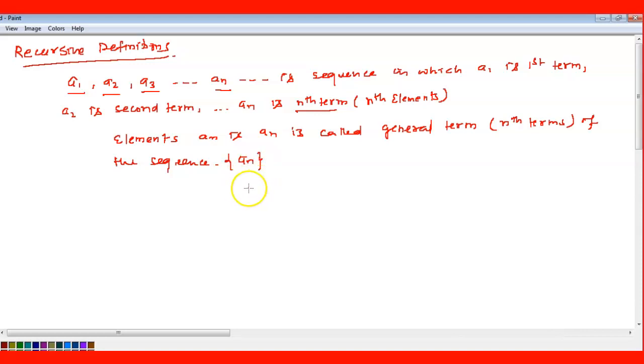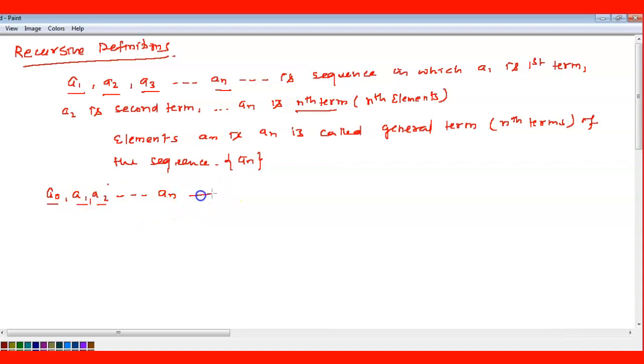In some sequences the first term is denoted as a0, so don't get confused here. Sometimes it is given as a0, a1, a2, and so on, where a0 is the first term, a1 is the second term, a2 is the third term, and so on.